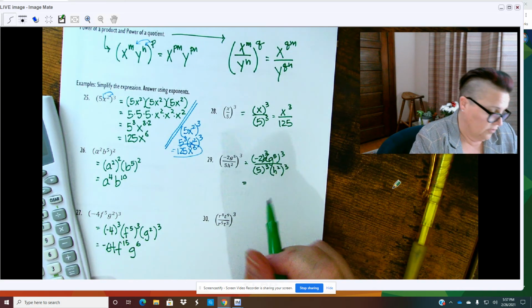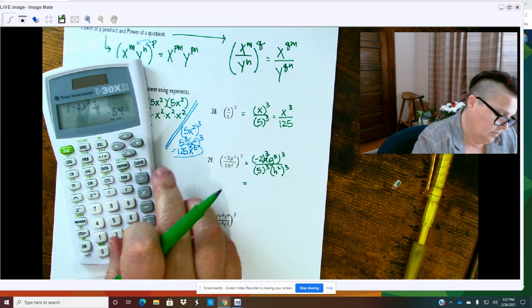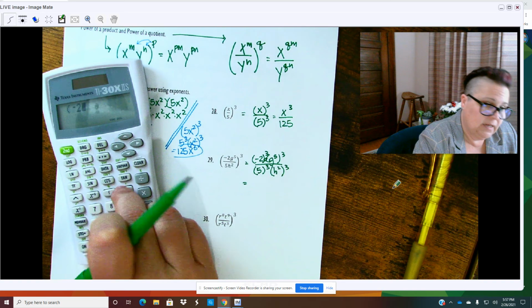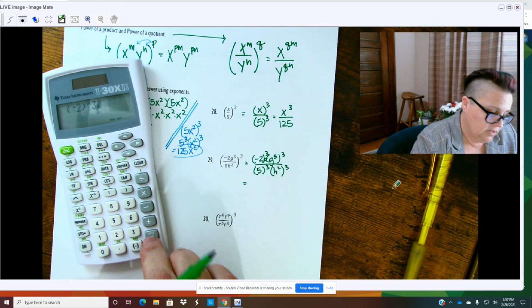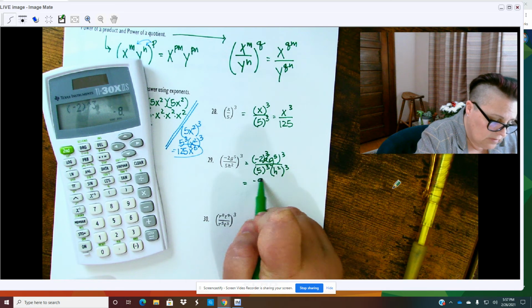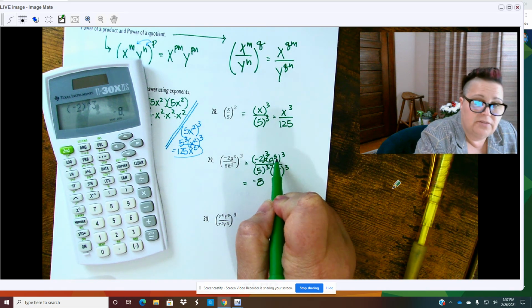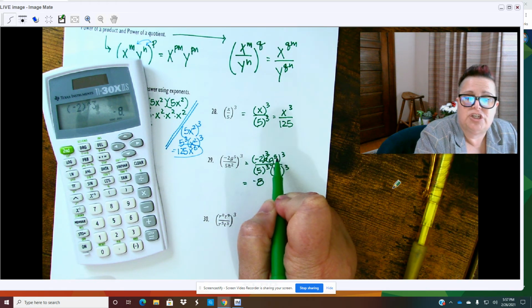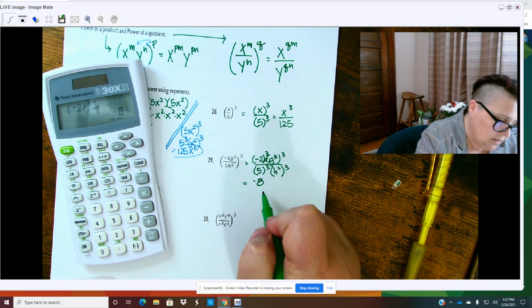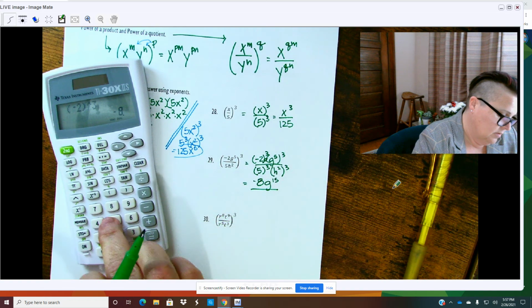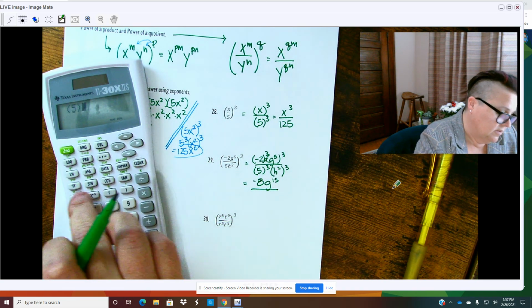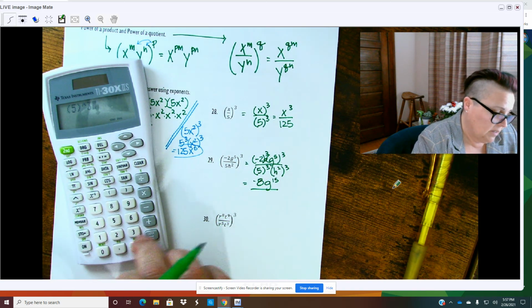Negative 2 to the third, parentheses negative 2, caret key 3, that should give me a negative 8. G to the fifth to the third would be g to the 5 times 3, or g to the 15th, over 5 to the third. I think I'm going to get 125.